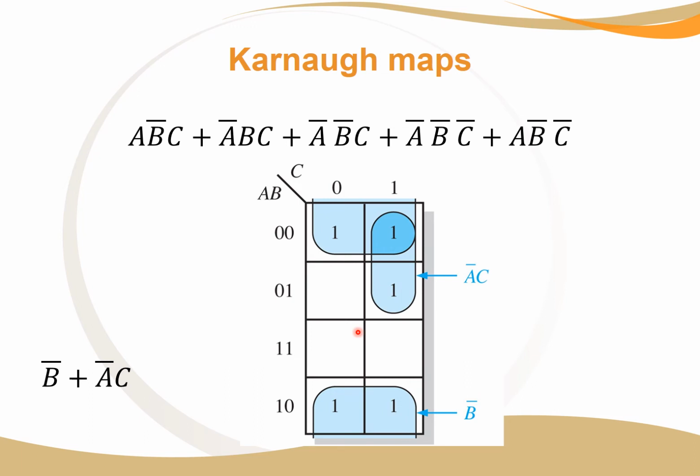Now, looking at the bigger group, we have this. So A is a 0 in this row, and it's a 1, sorry, in this row. So it goes from uncomplemented state to a complemented state, so it falls away. So A is gone. B is 0 here and is 0 there.